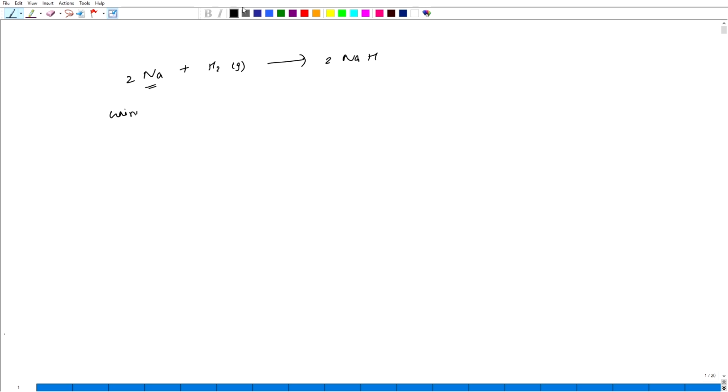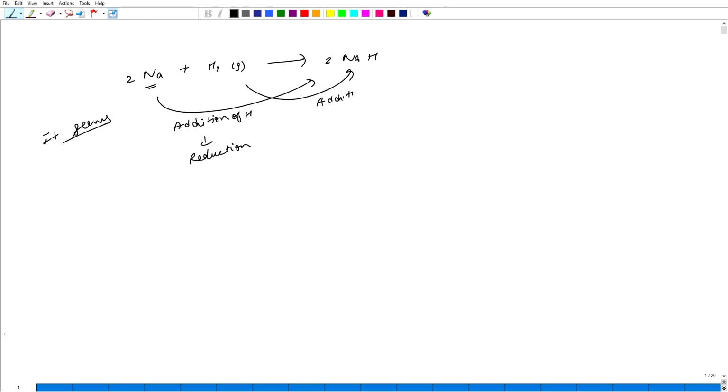Initially it seems that there is addition of hydrogen, that means reduction, and addition of an electropositive element, that means oxidation.